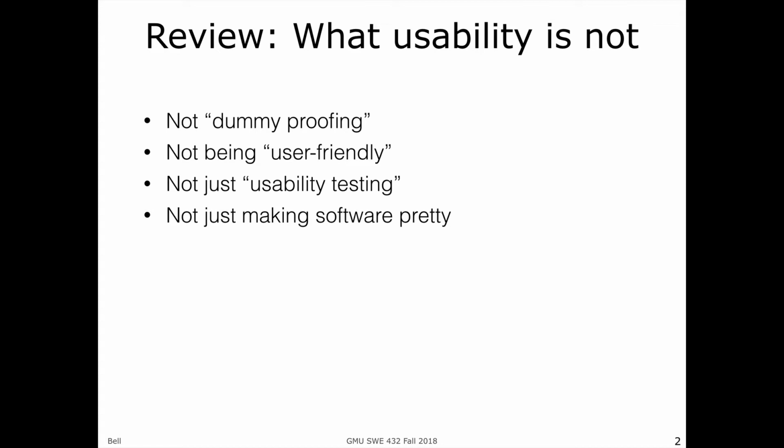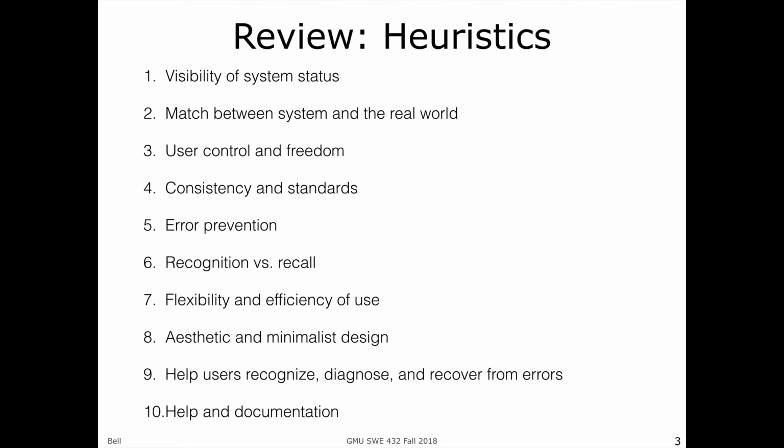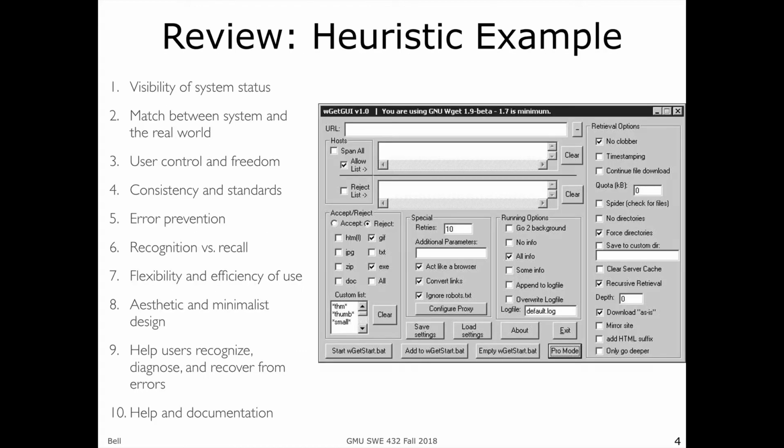And how one way to evaluate that something is usable and make things more usable was using the set of 10 usability heuristics, like being able to see what's happening in a system and preventing errors and encouraging flexibility. We talked about how you could use those different heuristics to evaluate a piece of software in terms of its usability, and rather than just say something is usable or not, come closer to having concrete suggestions for improvements.